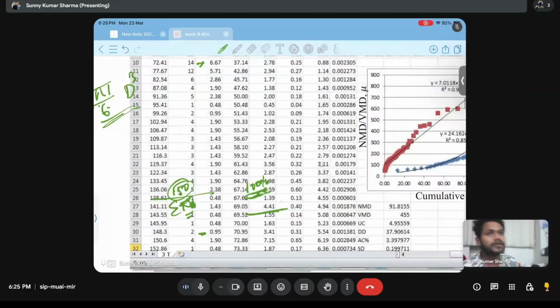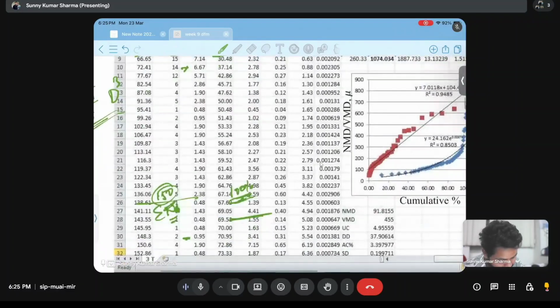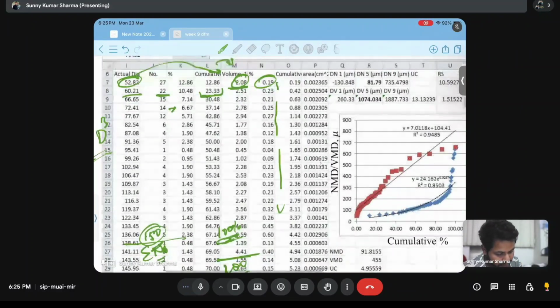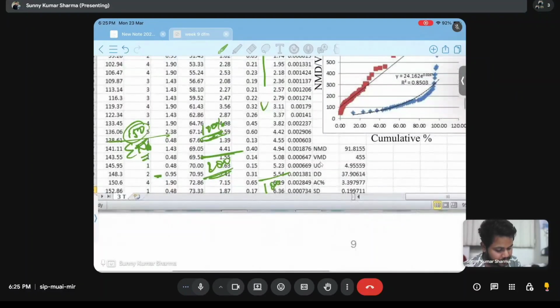Suppose the total is something like 200. Then this 2.08 is how much percentage of 200, that is 0.49. Likewise, 0.19, 0.23, and in the next column we calculate the cumulative percentage volume. So this will reach 100%.